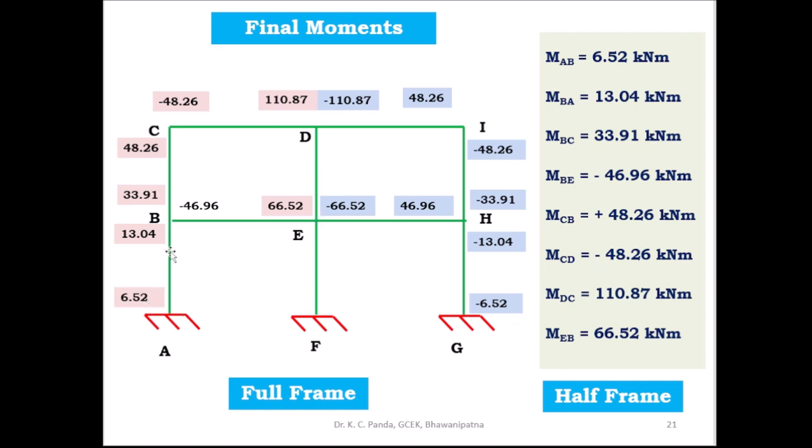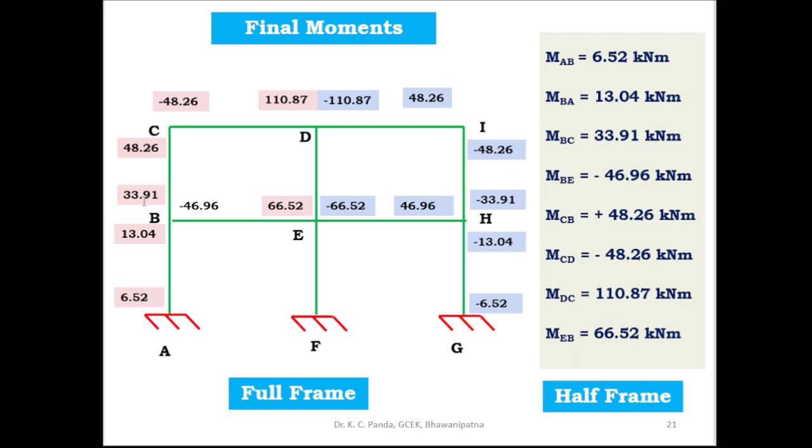Here you got MAB is equal to 6.52 kilonewton meter, and on the opposite side MGH you put minus 6.52 kilonewton meter. And here you got MBA is equal to 13.04 kilonewton meter, and here you put MHG is equal to minus 13.04 kilonewton meter.